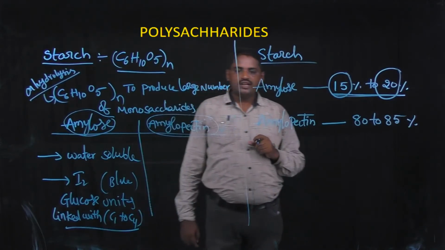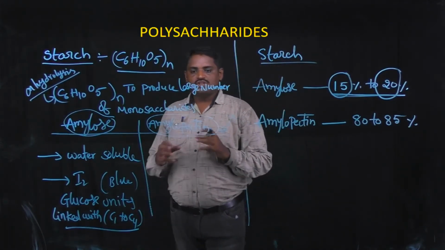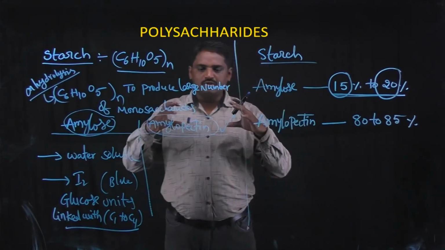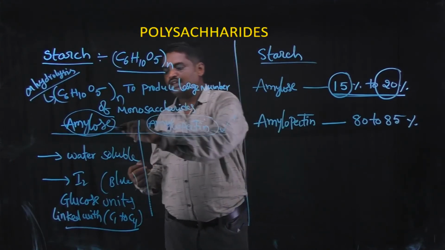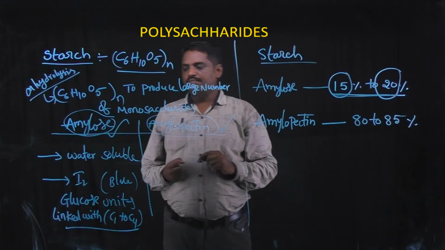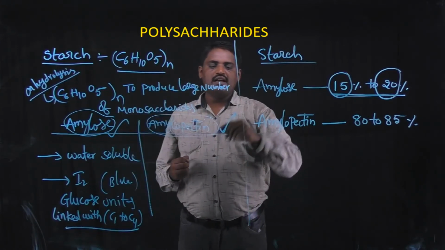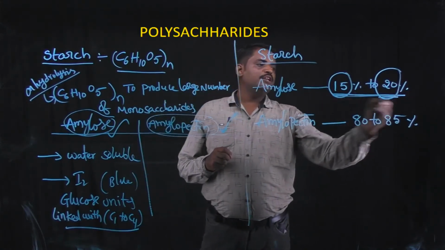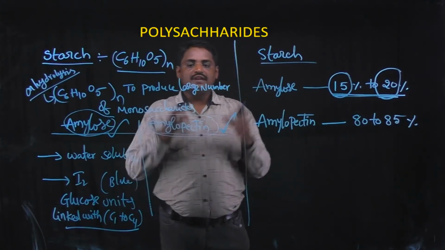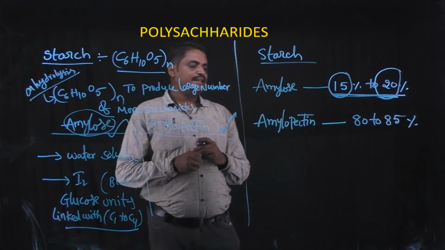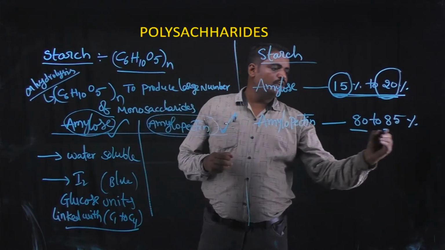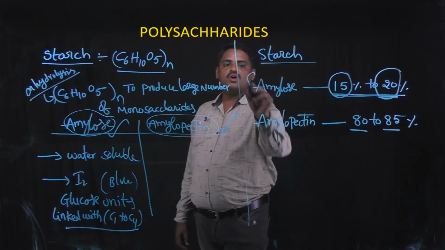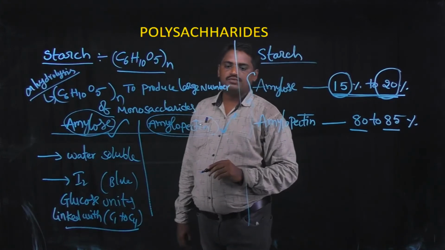Generally, starch contains two types of units joined together. One compound is amylose and the other part is amylopectin. In starch, 15 to 20% of amylose is present, and 80 to 85% of amylopectin is present. These two are the main ingredients of starch.